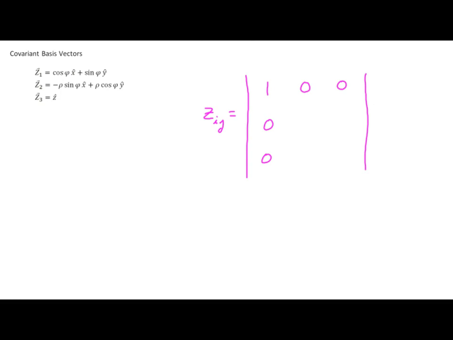Okay, next we'll find the dot product of z2 with itself. That means we have to square this term and add the square of this term. Rho squared sine squared phi plus rho squared cosine squared phi, and surely you've seen this enough now to know that this is just rho squared. So z22 is rho squared, like that.